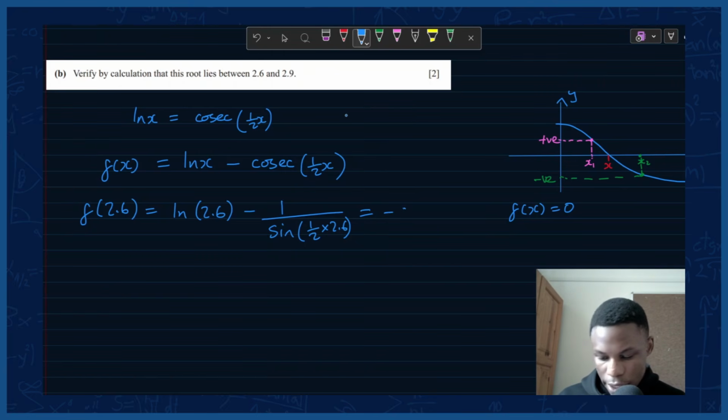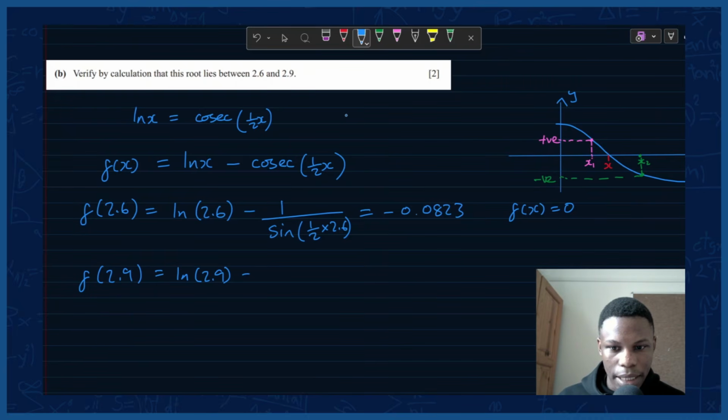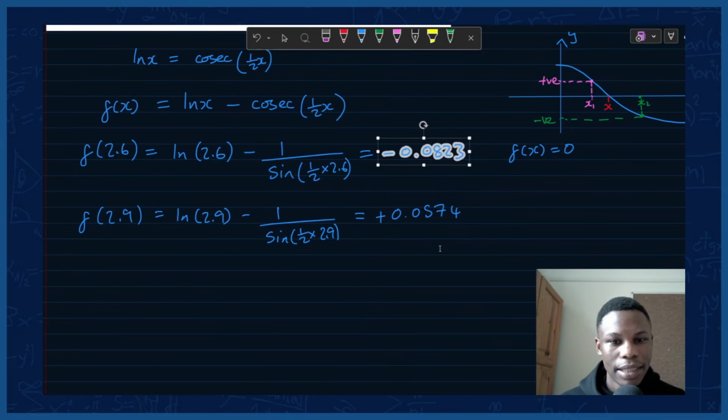This gives us negative 0.0823. And then f of 2.9 is ln 2.9 minus 1 over sine of a half times 2.9. This is positive 0.0574. So clearly there's a sign change.